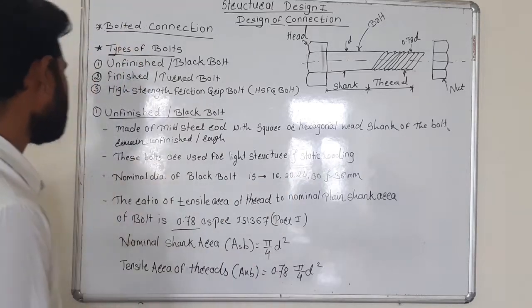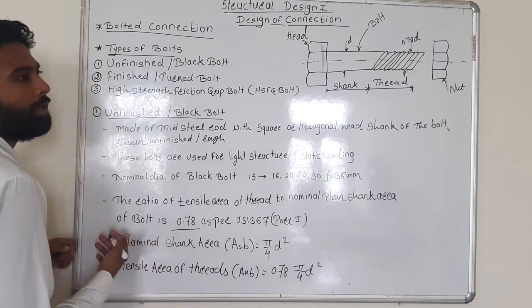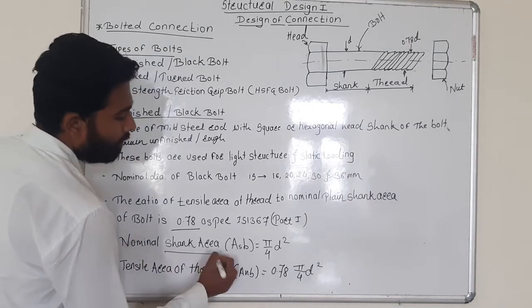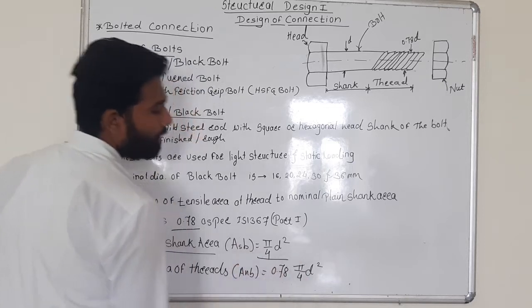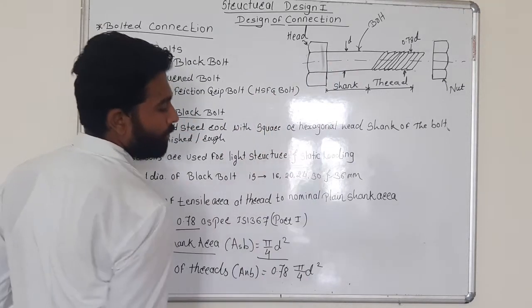When we are going to take the area of a shank, the formula is pi by 4 d square, where d is the nominal diameter of the shank.